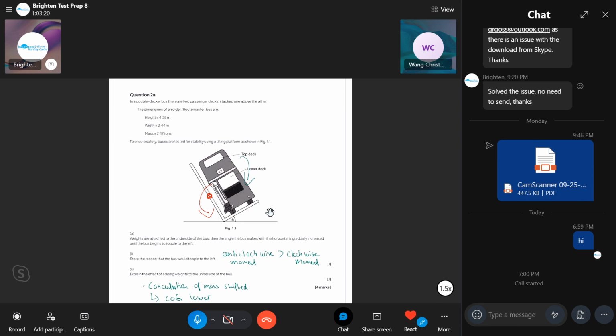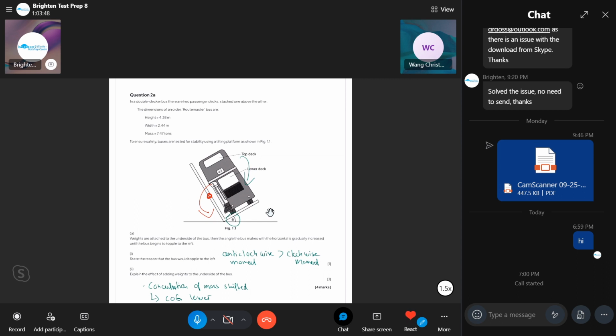Yeah, increased stability. And how is that related to the angle? It won't topple, or you can say it will topple later. In other words, you can increase the angle a bit further before it topples.